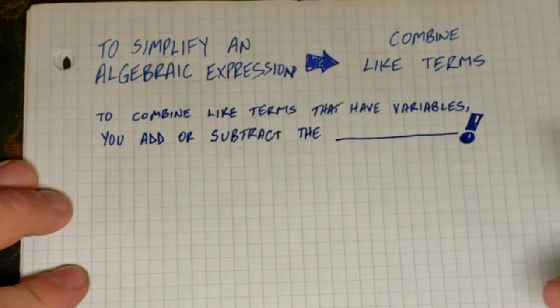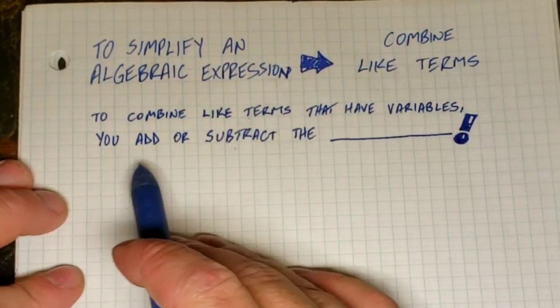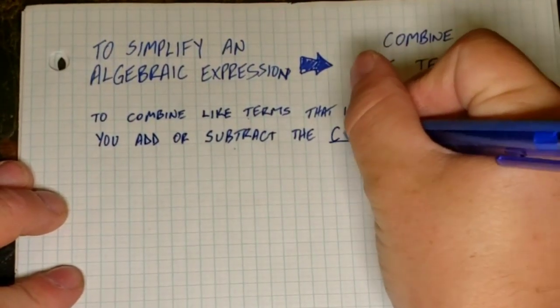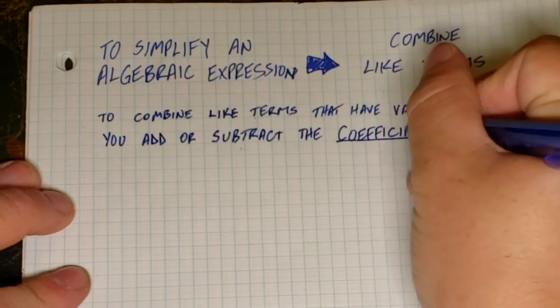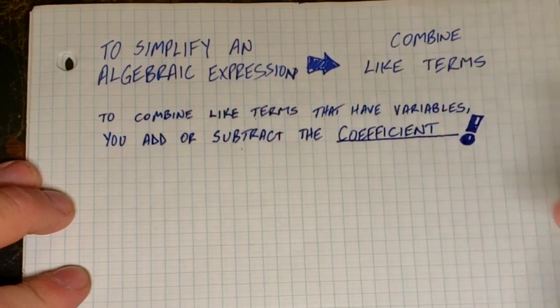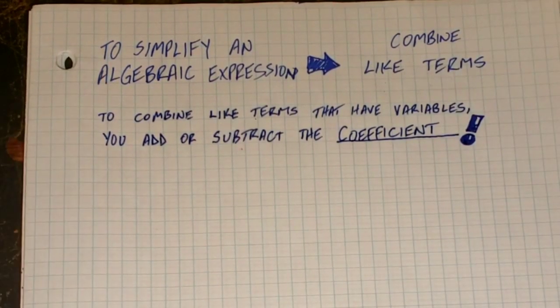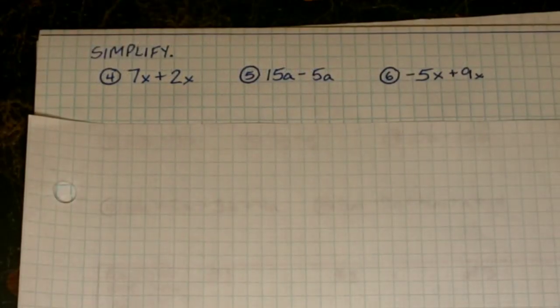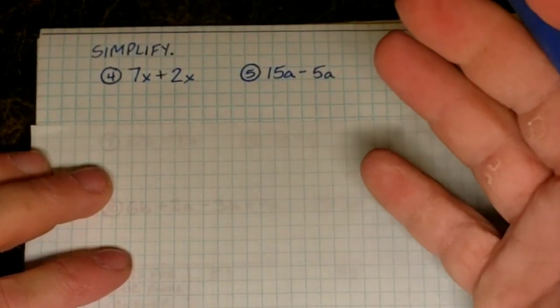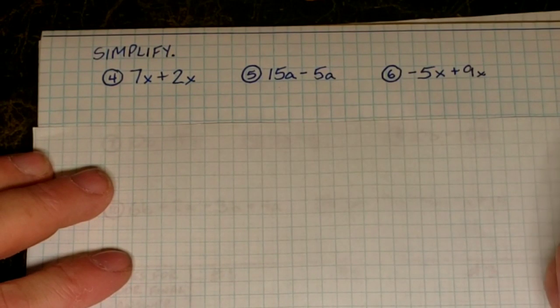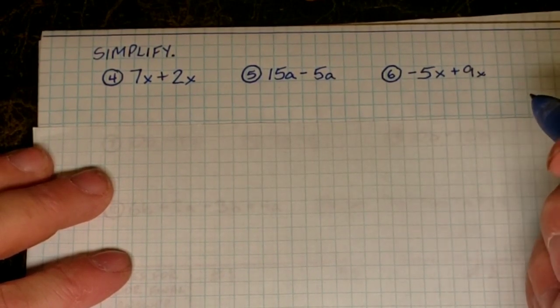To combine the like terms that have variables, all you have to do is add or subtract the coefficient. That's the number in front of the variable. So here we go. The instructions say simplify. Simplify means combine any like terms that you can, put things together.